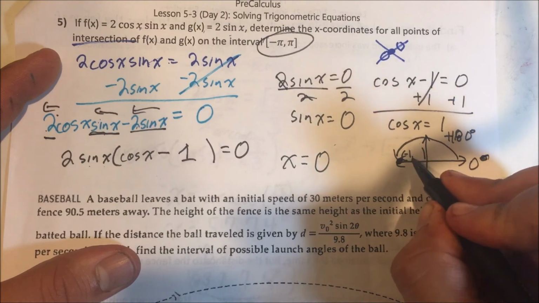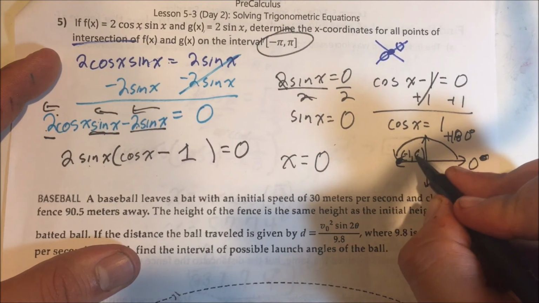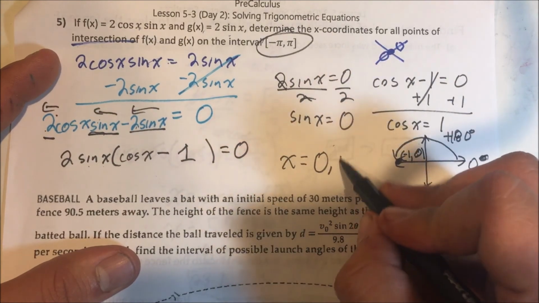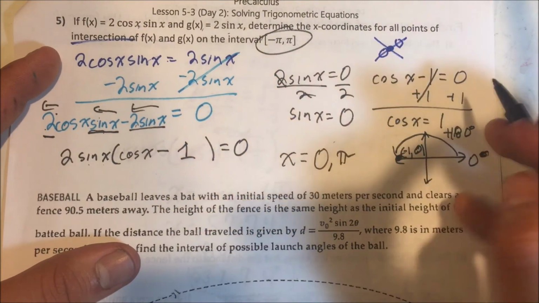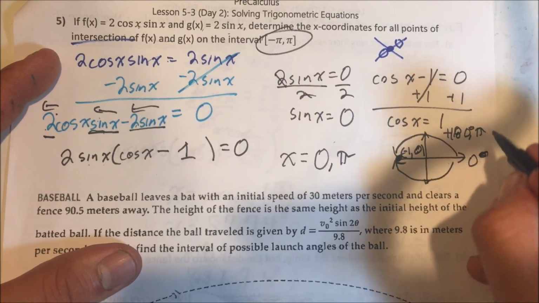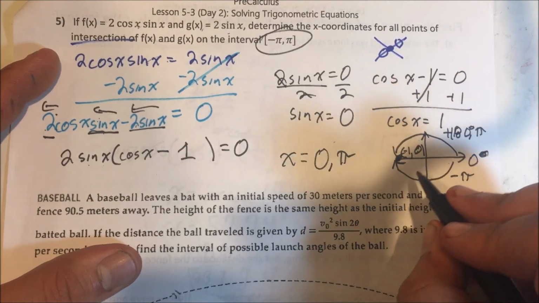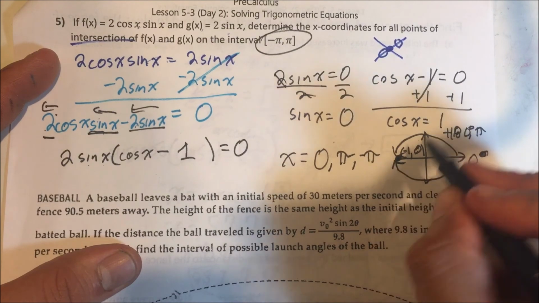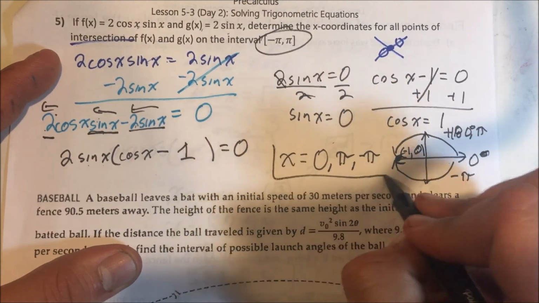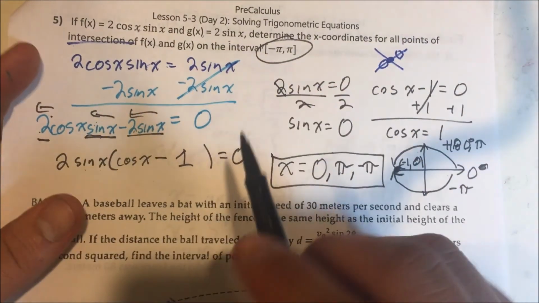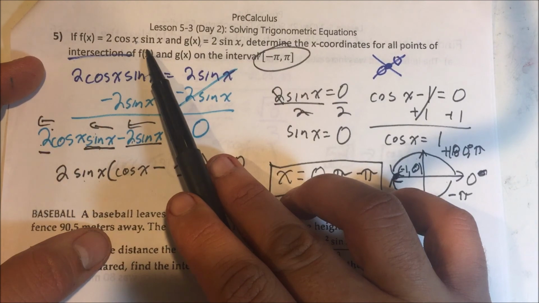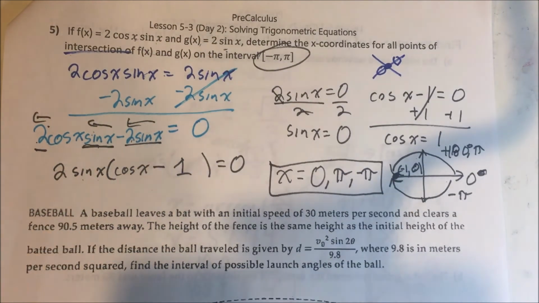Actually, the cosine there is negative 1, but the sine is 0. The y-coordinate is 0. So we do want to include pi. But we could also get to that same point by going in that direction, minus pi. So we also want to include negative pi, because we could get there going either positive pi or negative pi. Those are 3 ways. Again, what was our original question? The x coordinates where these two functions intersect.